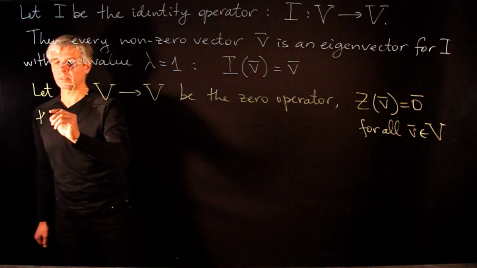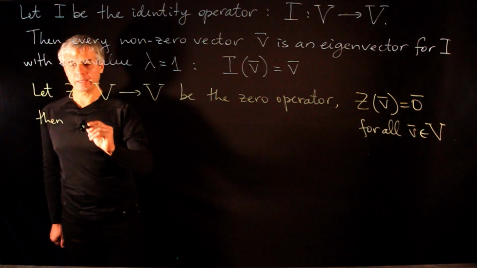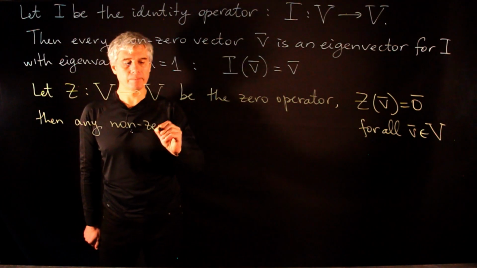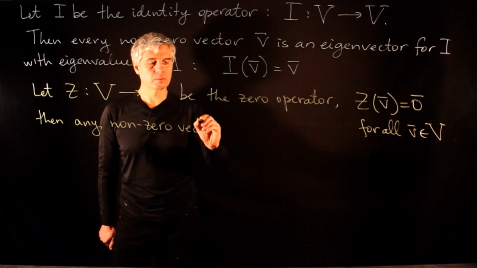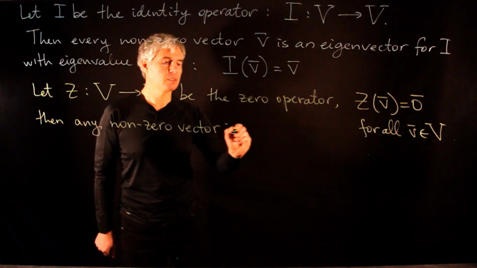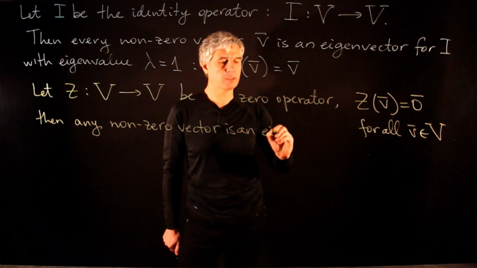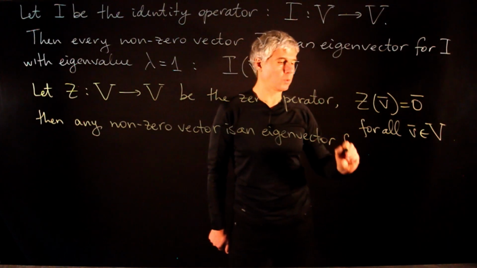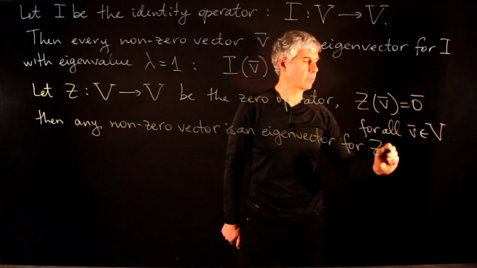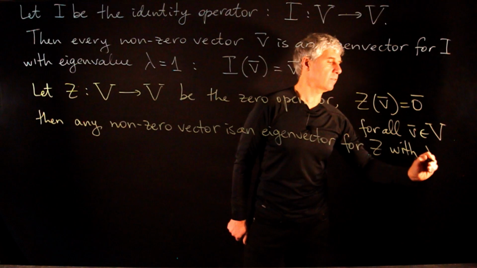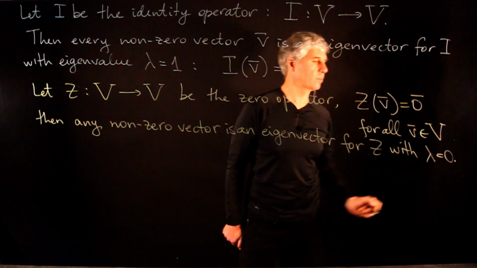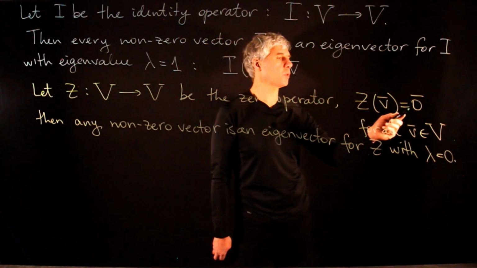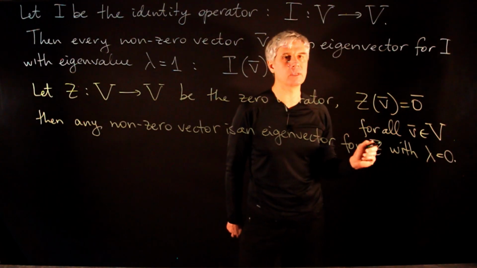Then any non-zero vector is an eigenvector for Z with eigenvalue lambda equals 0, because here we have Z applied to V is equal to 0 scalar times V.